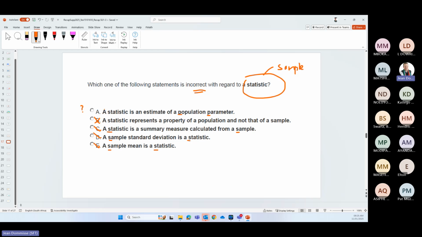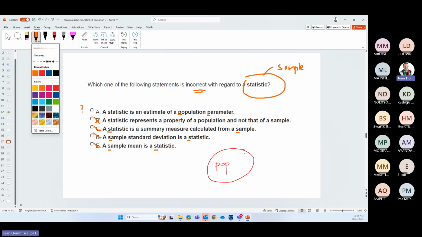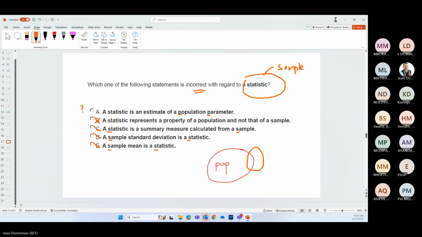So remember, the easiest way to show it is to say we will have a population, and whenever we do work, we will take a sample of that population.